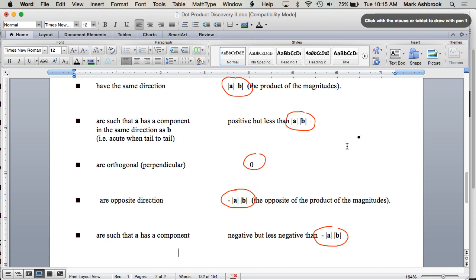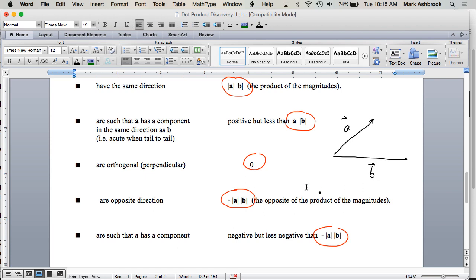Because if you have A here and B here, then what is the dot product A times B? Well, it's the product of their magnitudes, but only in as much as they're in the same direction. So we want this much of A. If we took this much of A times the magnitude of B, we'd get the dot product.